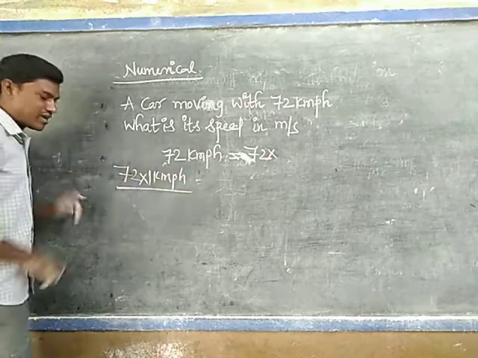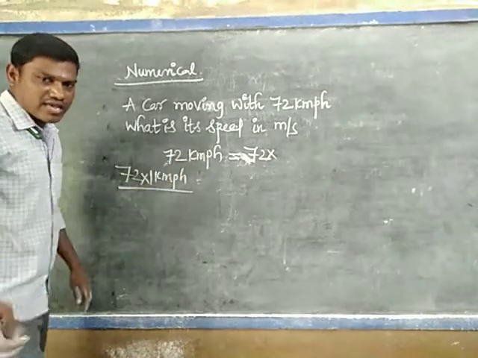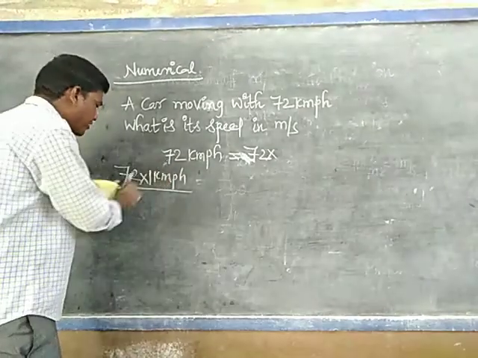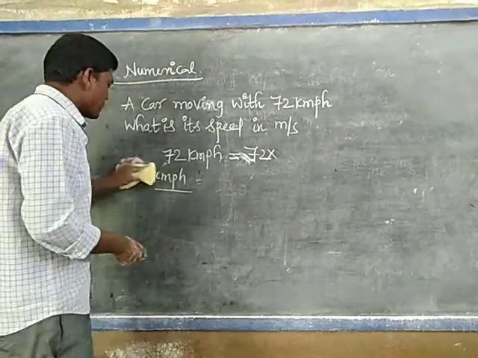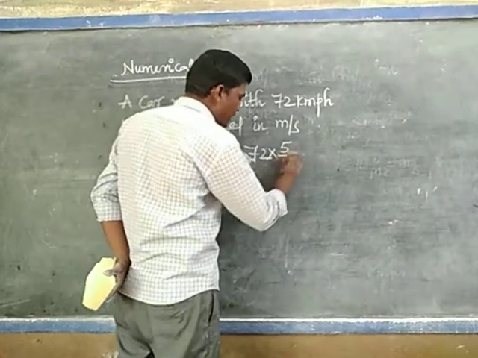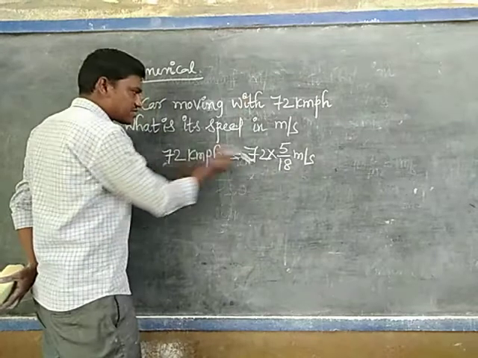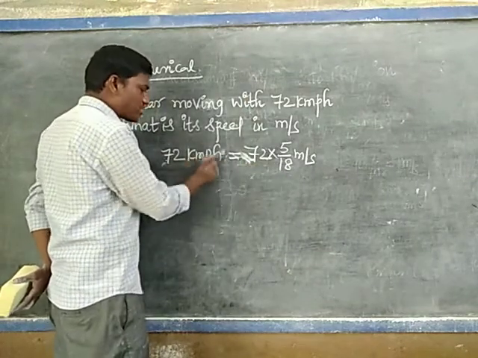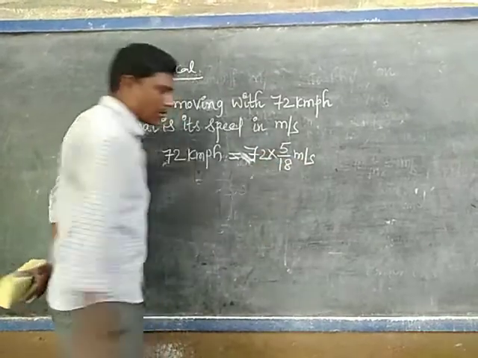So 72 kilometer per hour, we can write, 1 kilometer per hour is equals to how many meters per second? Already noted, 5 by 18 meters per second. 72 is the same in the place of kilometer per hour. 1 kilometer per hour is equals to 5 by 18 meters per second.